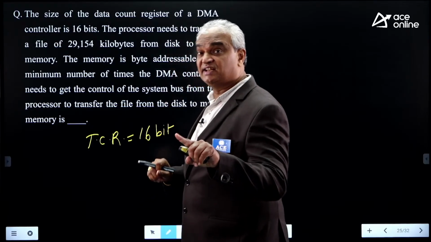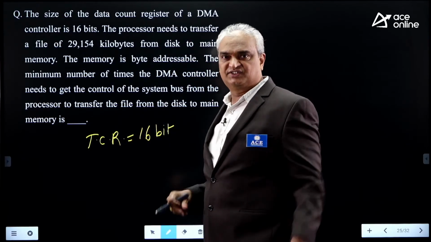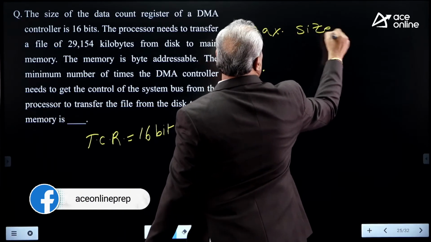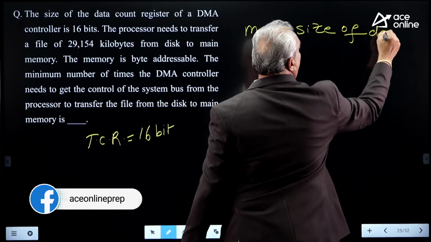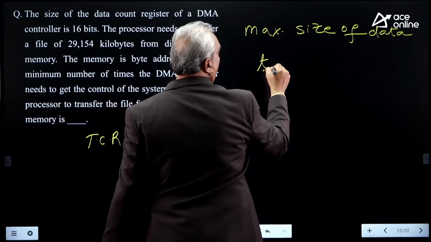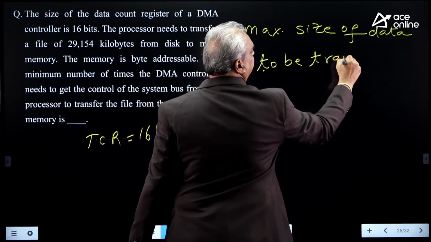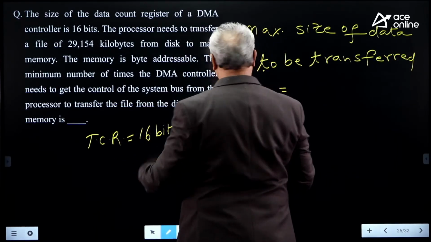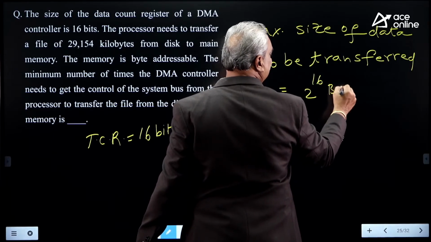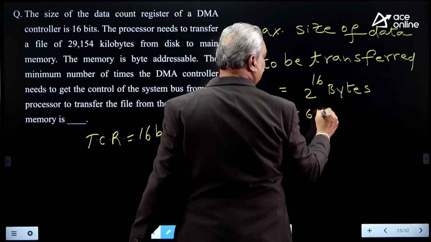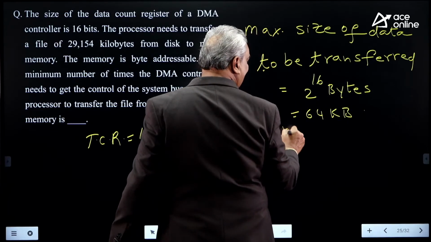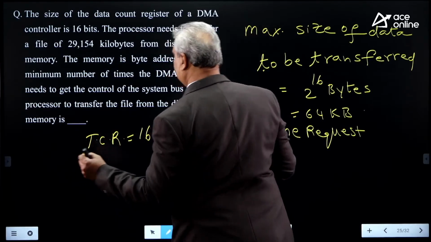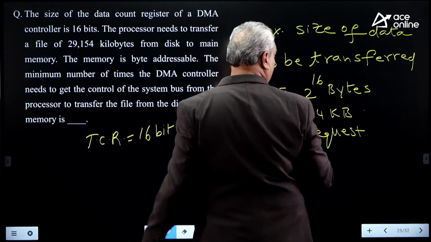When the terminal count register is filled with all ones, then the maximum size of data to be transferred is equal to, since TCR size is 16 bit, 2 power 16 bytes, because it is byte addressable memory, nothing but 64 kilobyte, means one request transfers 64 KB.